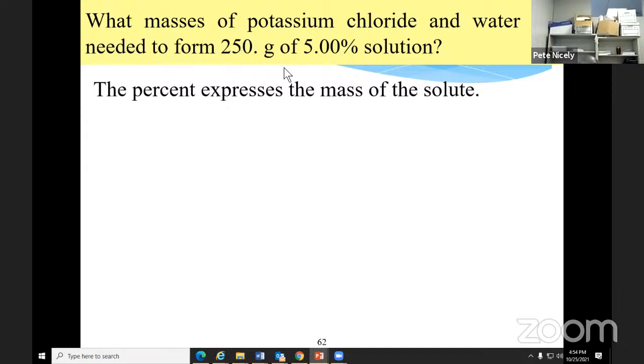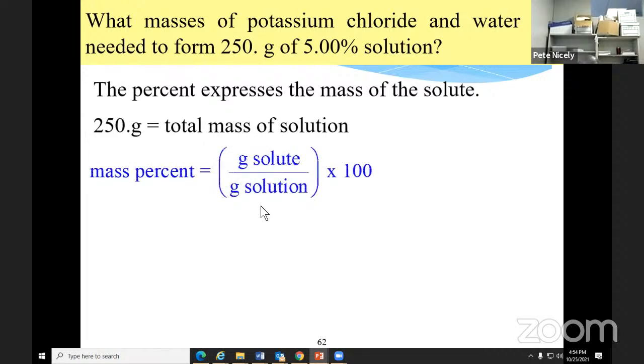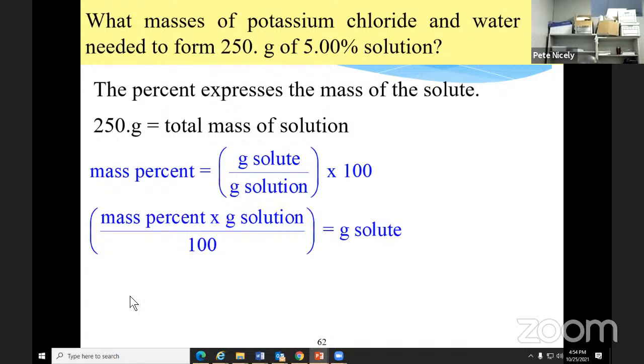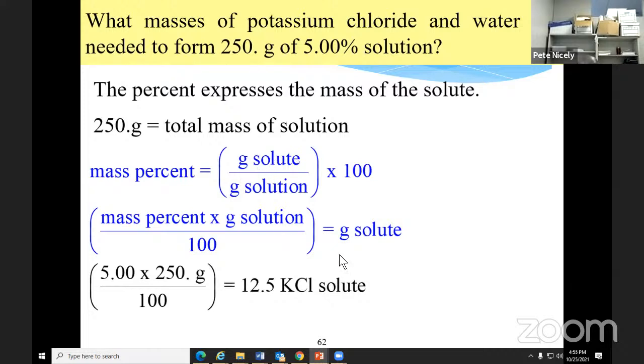So this is the total mass, and this is the equation for calculating the mass percent, all right? So what I would do, firstly, is rearrange this equation so that I can get an expression for the mass of the solute. So this is the equation right here, right?